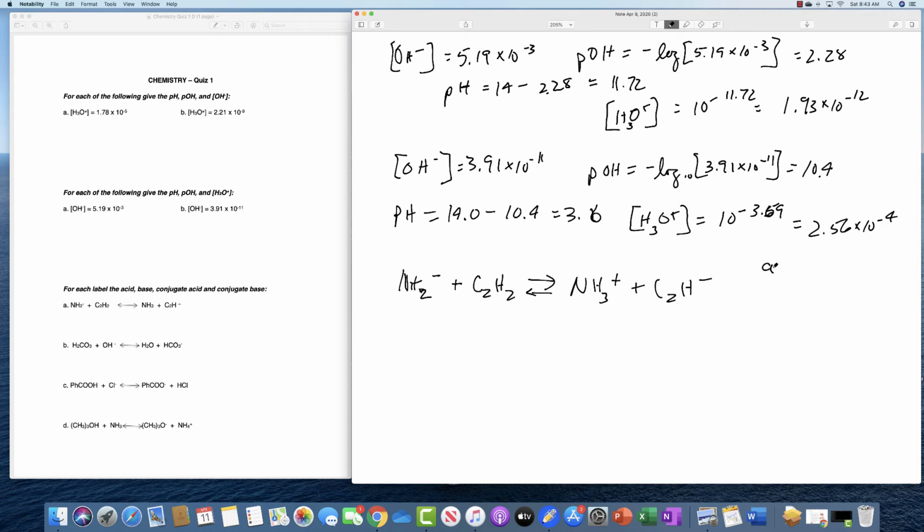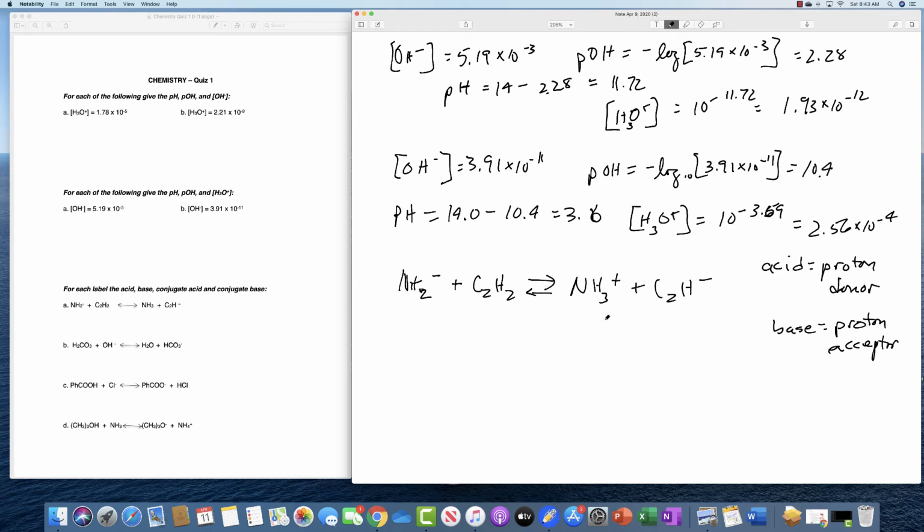Remember that an acid is a proton donor, which means it gives up a hydrogen. And a base is a proton acceptor, which means it gains a hydrogen. That's the Bronsted-Lowry definition of an acid and a base.